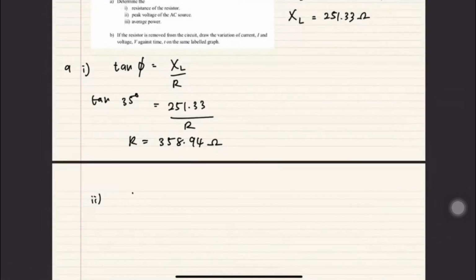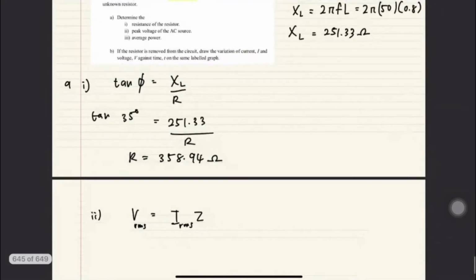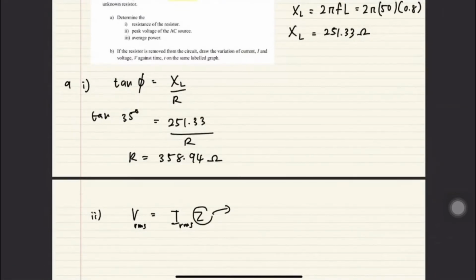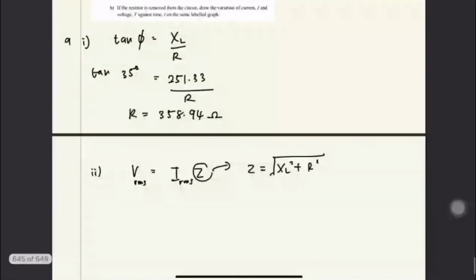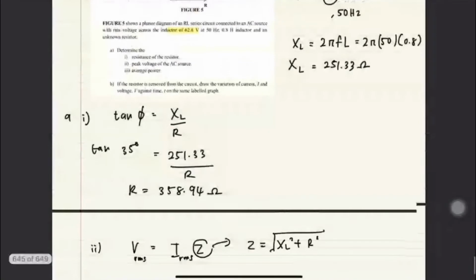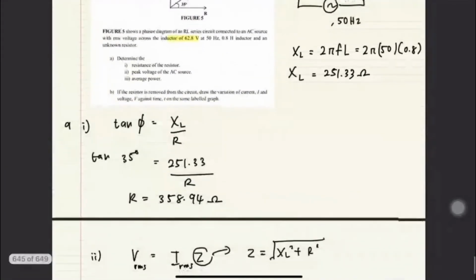I can use V equals IZ. So I have to use VRMS equals IRMS times Z. I can find the Z. I can use Z equals the square root of XL plus R squared. Because XL we have calculated and R we already got, we can find Z. The only issue now would be the current.